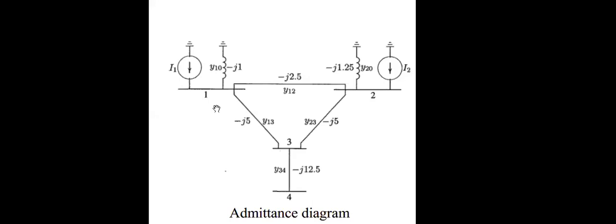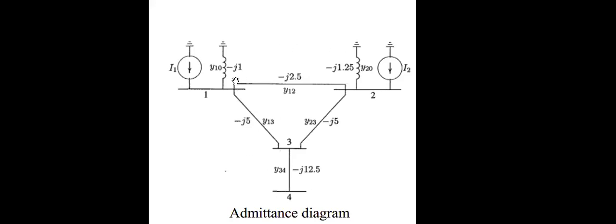Sir, can you repeat the question again? The question is that you have to write the KCL equation in terms of Y, not in terms of the value or magnitude. Try to write the KCL equation in terms of symbol or notation, Y10, Y13, Y12 like this, Y20, Y23 like this.